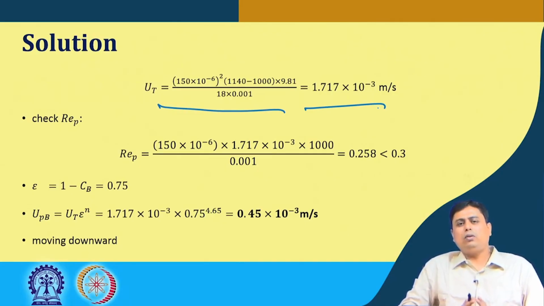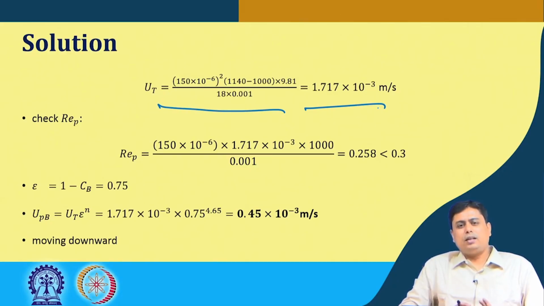But to calculate the terminal velocity, we had to assume a certain flow region, be it the Stokes law, Newton's region, or the transition. In all the cases, you remember how to calculate the ut.